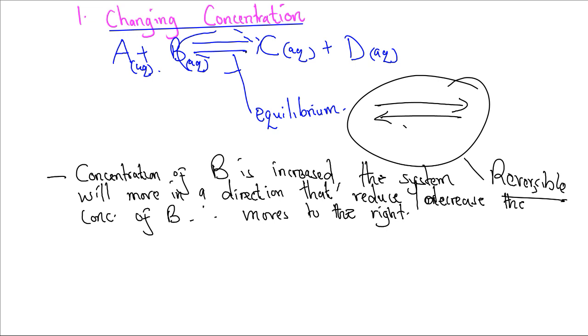And that is why the equilibrium shifts to the right hand side, meaning the forward reaction is favored.